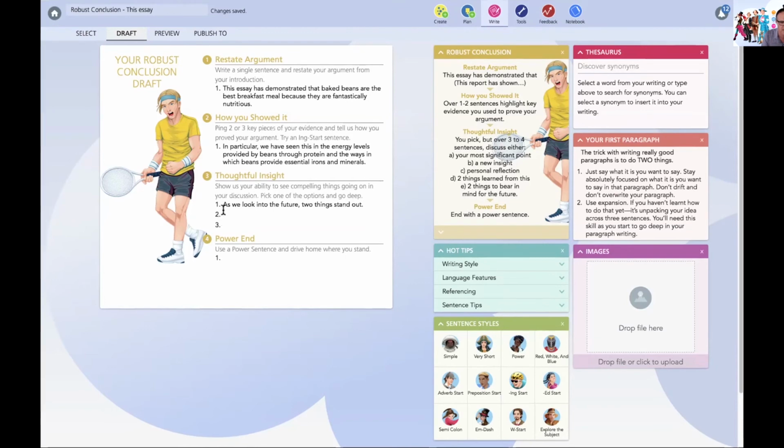Firstly, baked beans may indeed provide a cost-effective solution to the poor diets experienced by many Western nations.